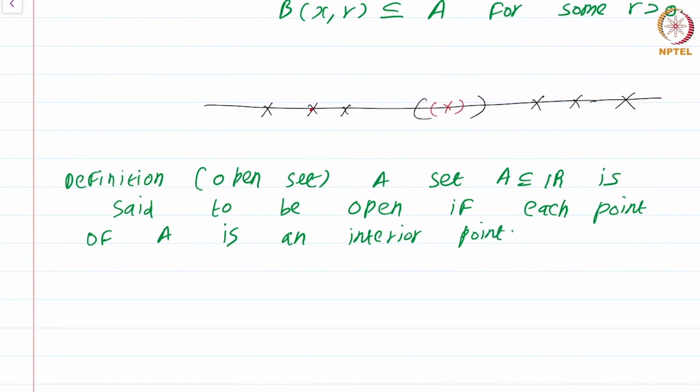Okay, let's give one example at least. Example: any open interval (A,B) is an open set.